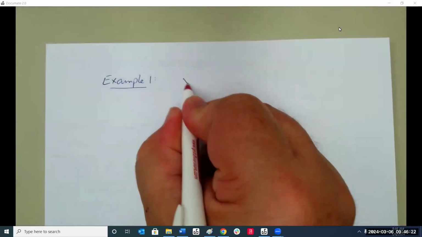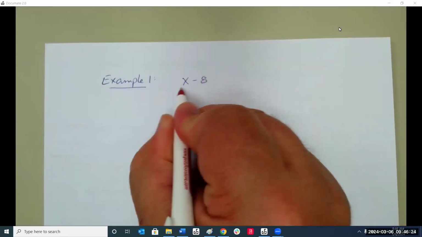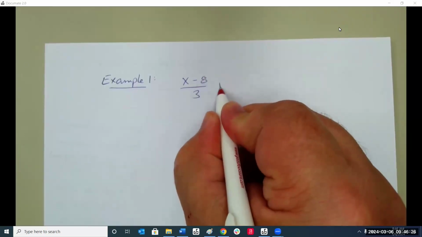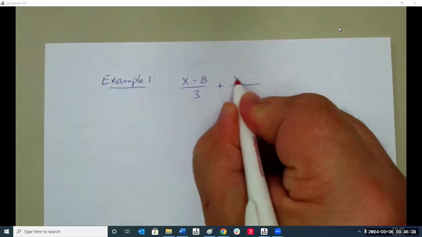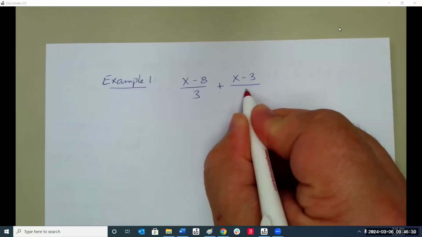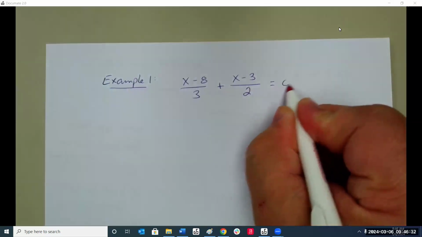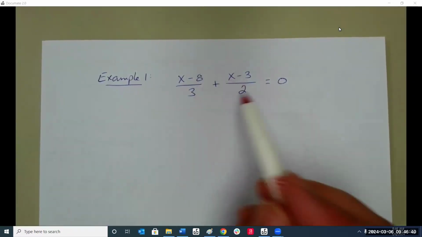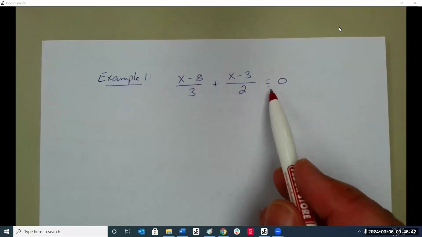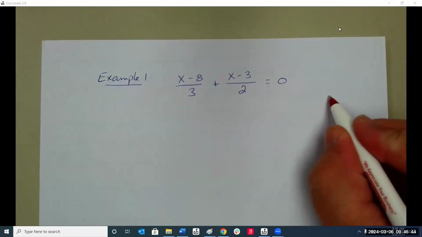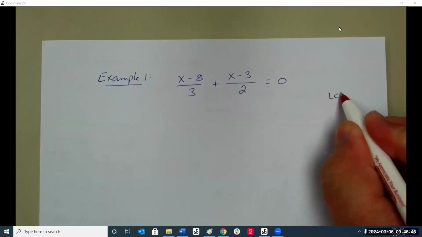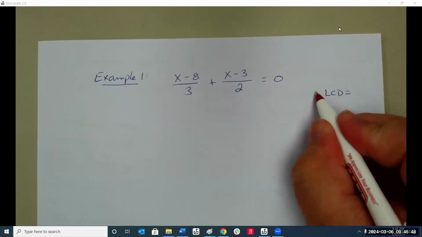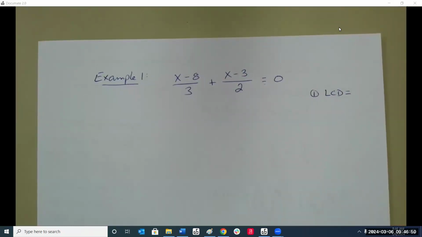The first example is x minus 8 over 3, plus x minus 3 over 2, equals 0. So we have fractions and we have an equal sign. Do the same thing. What's my LCD?